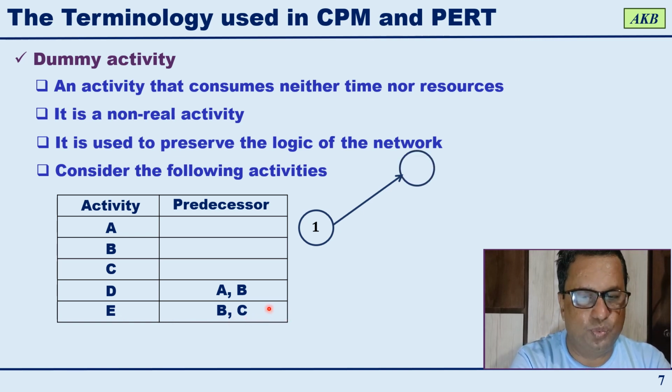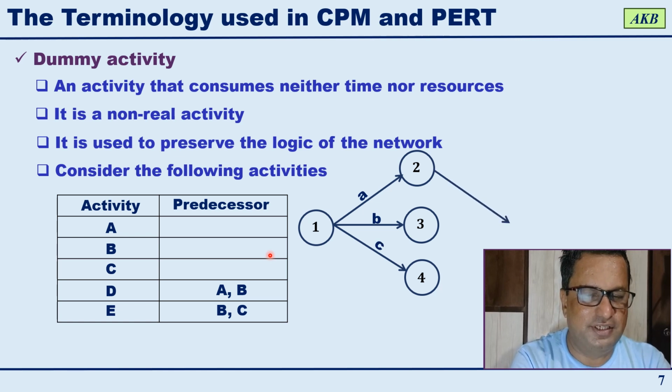Okay, so since A, B, and C, all 3 activities, don't have any predecessor, they can simultaneously start. So activity A is starting, simultaneously activity B will start, and then activity C will start.